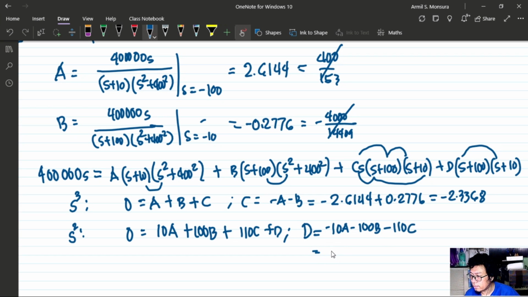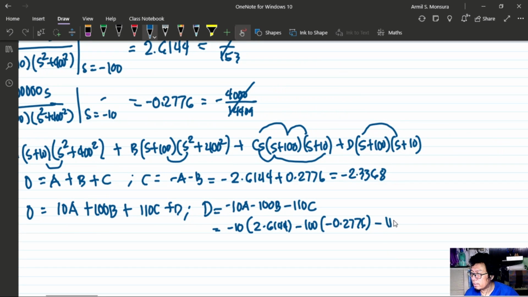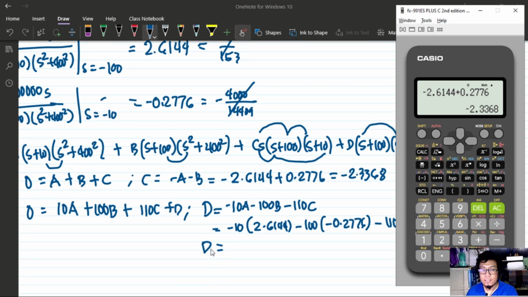So that should give us negative 10 times 2.6144 minus 100 times negative 0.2776, and then minus 110 multiplied to negative 2.3368.